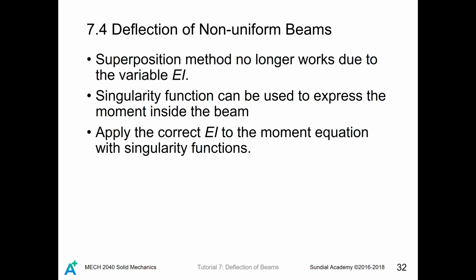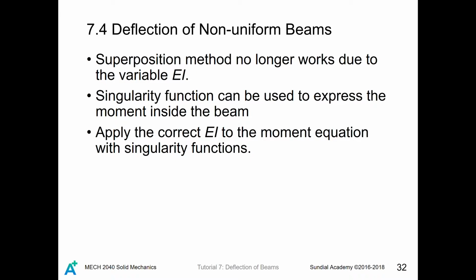But for non-uniform beams, it is not really easy to apply the superposition entries into the problem. However, we can use our technique of singularity function to express the moment inside the beam and apply the correct EI to the moment equation with singularity functions.